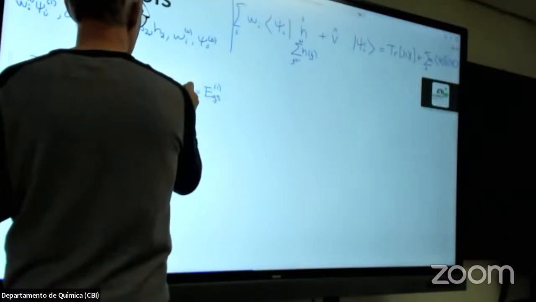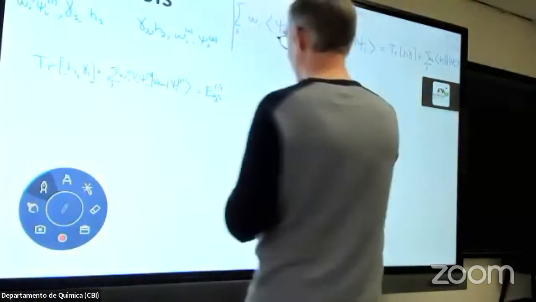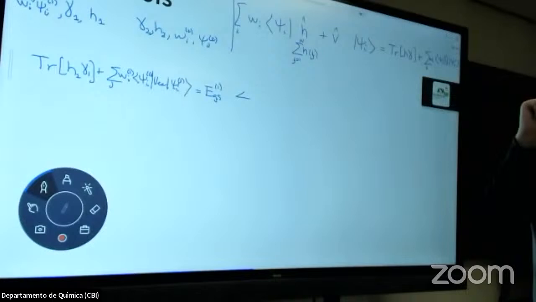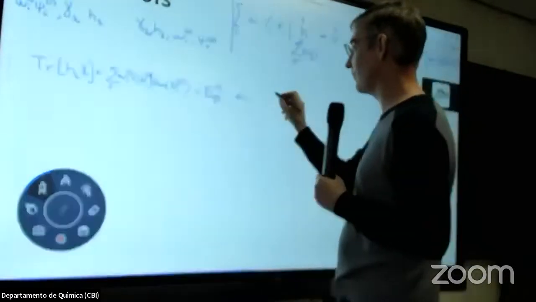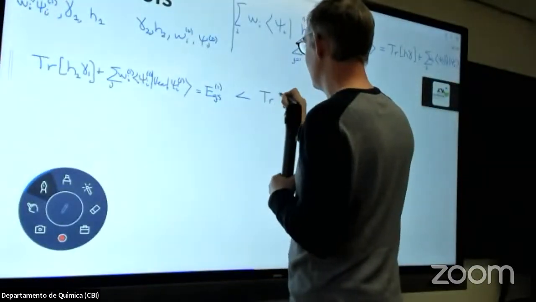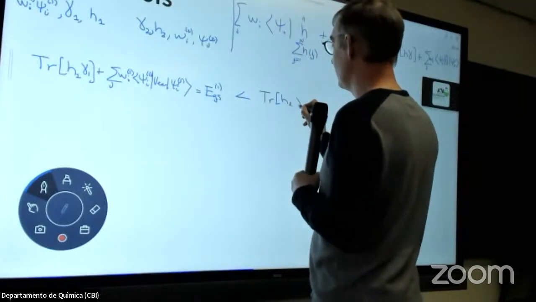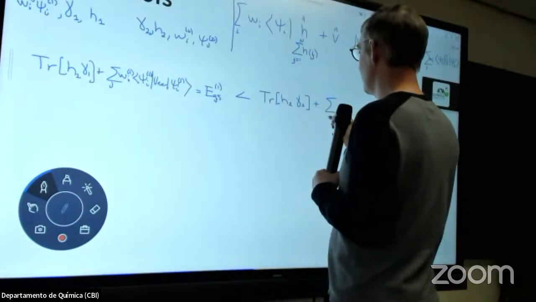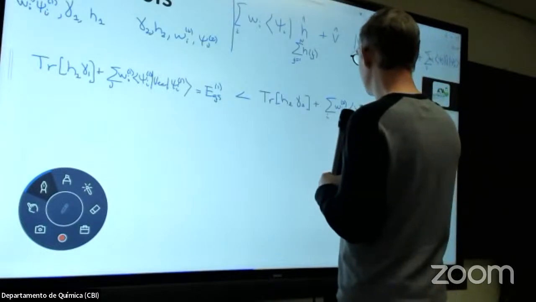And I know that this would be less than if I did the same thing, but instead of choosing the first system, I chose the second system. So the variational principle says that this is less than trace of H1 gamma 2 plus the sum over I, WI 2.